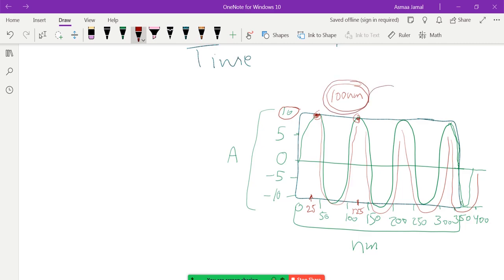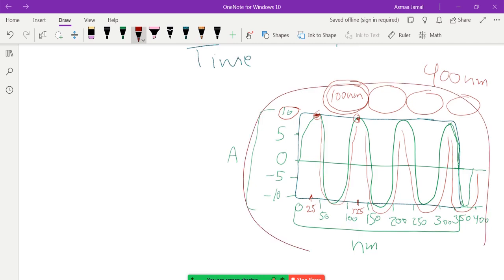So 4 times 100 nanometers, that's 400 nanometer in this diagram. Let's say the wave passes this diagram in about 2 multiplied by 10 to the power of minus 15 seconds.